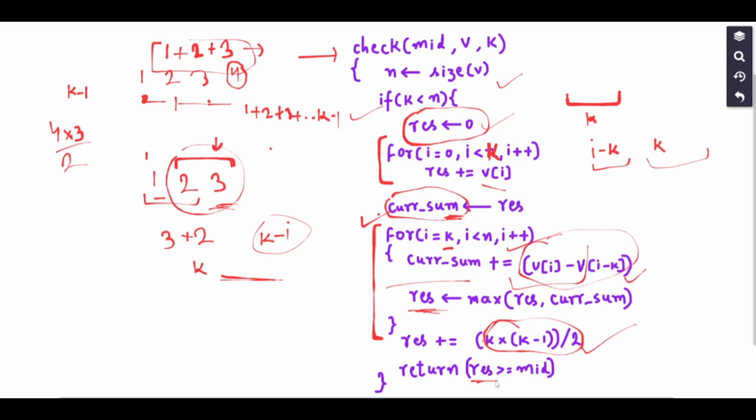And finally I will check if this result lies on the good side or on the bad side. If it is greater than or equal to mid, that means yes, it lies on the good side, and I will return true from here. Otherwise I'll return false from here.